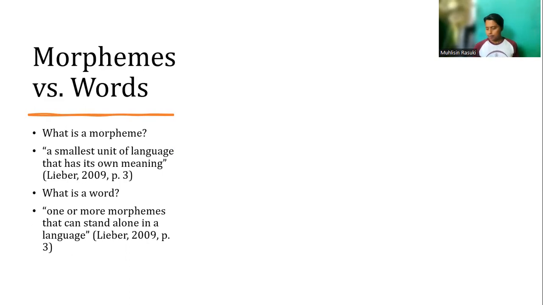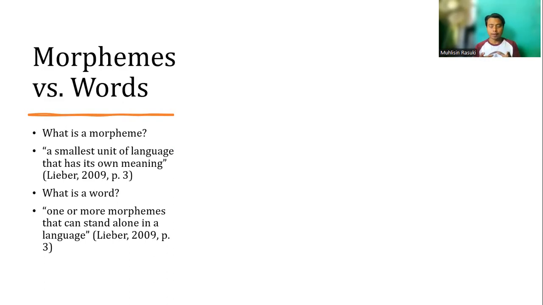Based on the previous example, the use of the morpheme re, we know that re has meaning, especially when it is attached to particular words: reload, rewatch, redo, rework, rebuild.